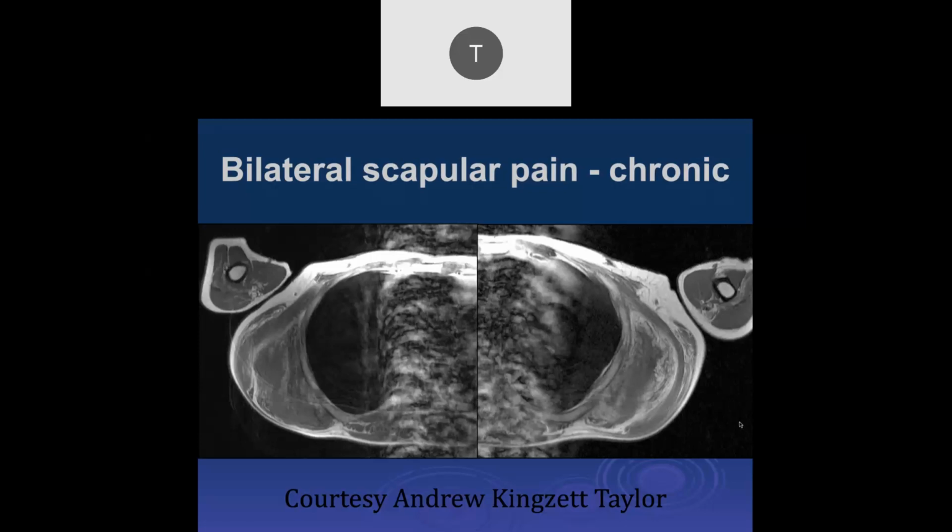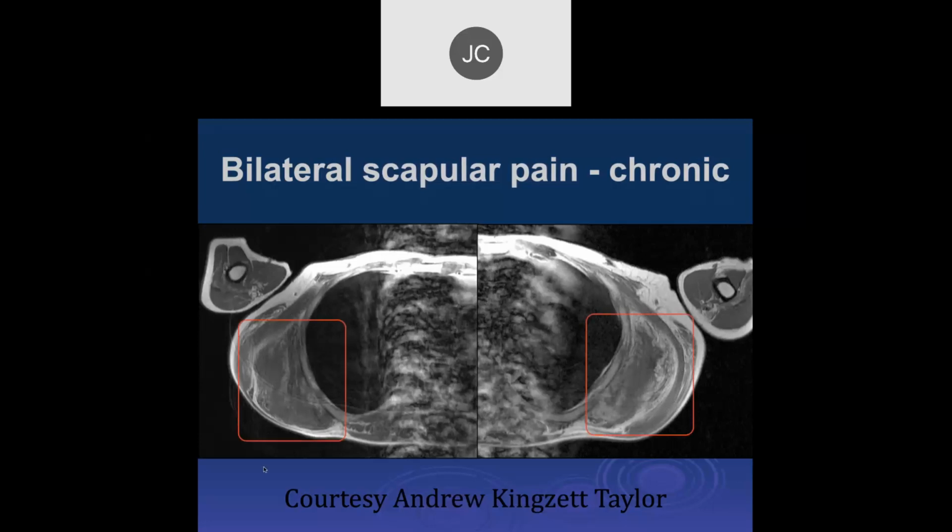On the left, it looks like there's a very indistinct mass, mixed signal intensity. Is there something on the right? I'm not sure. Well, this is abnormal, and this is all abnormal here. And it's pushing out the normal muscles.